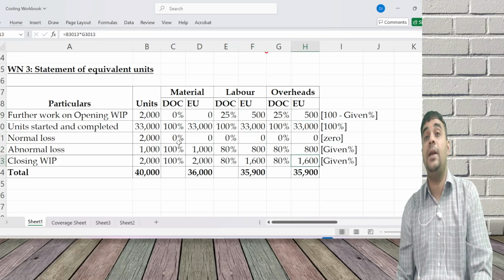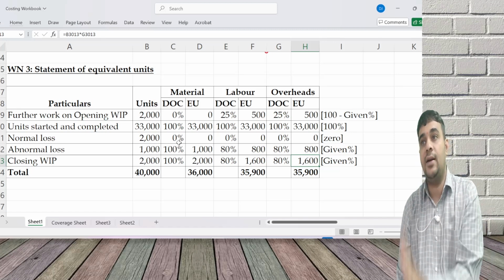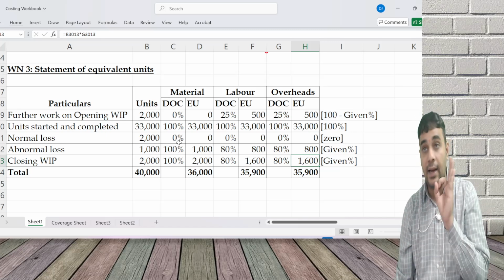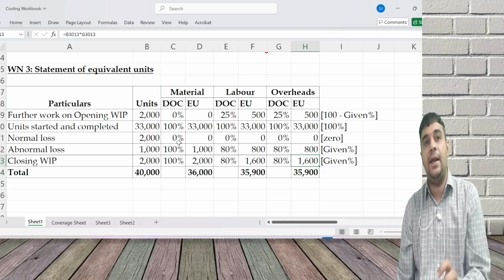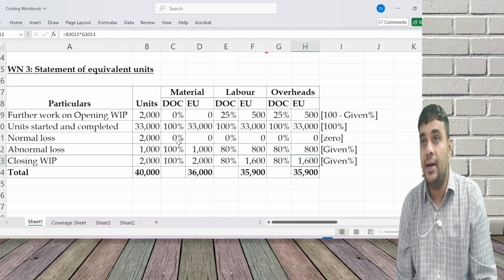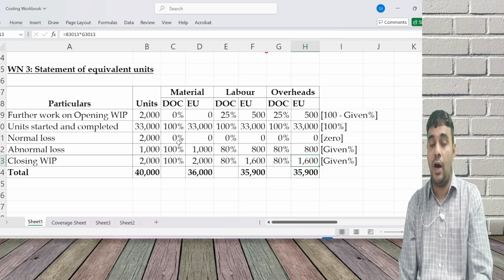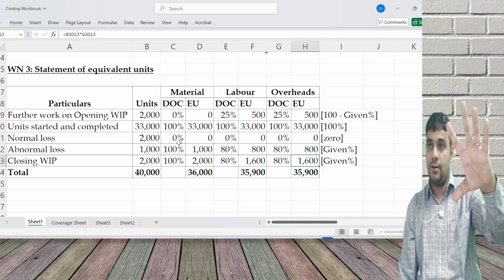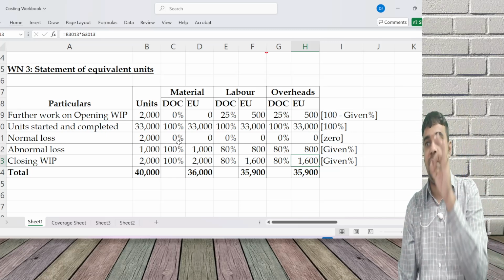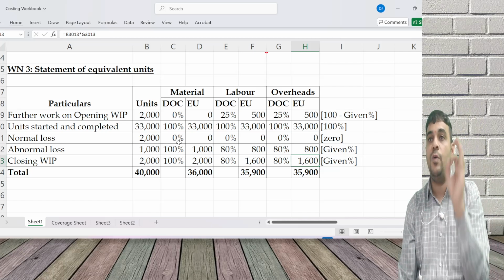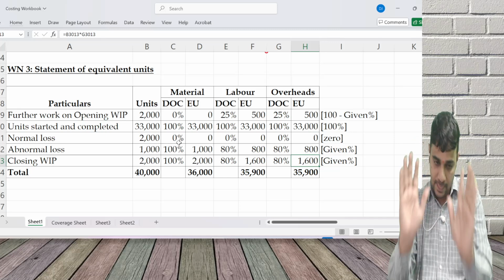Now my denominator will be 36,000, 35,500, 35,500. This is the correct denominator to be used to calculate the cost per unit. How will I calculate cost per unit? Material cost divided by 36,000, labor cost divided by 35,500, overhead cost divided by 35,500. Wait, I'll repeat again.